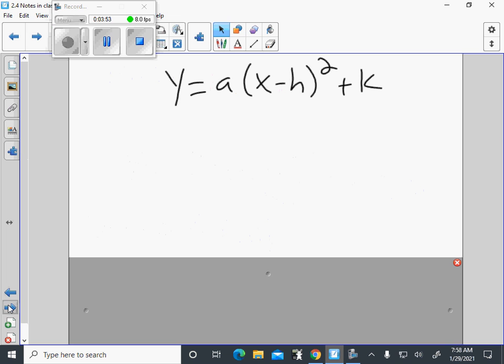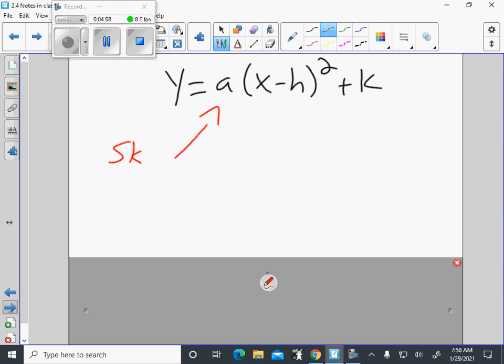Okay. Throughout chapter 2, this is the equation we've been working with. It's everything we've been working with, where each of these has an assignment. This, A, makes it skinnier or wider. What makes that graph skinnier or wider?